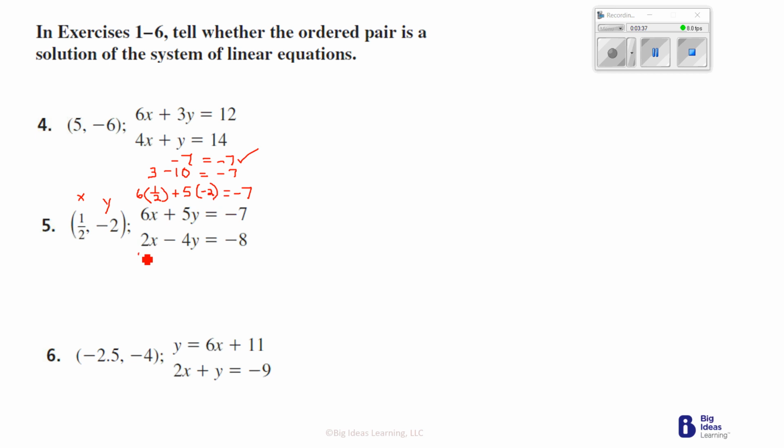I'm going to replace x with 1/2 again. And a minus 4 times negative 2. That has to equal negative 8. Well, I know half of 2 is 1. And I know negative 4 times negative 2, that's going to be a positive 8.